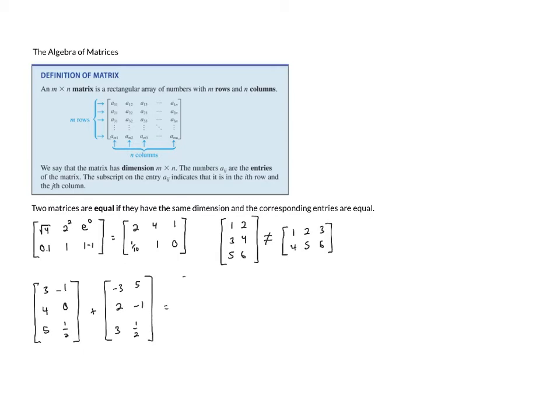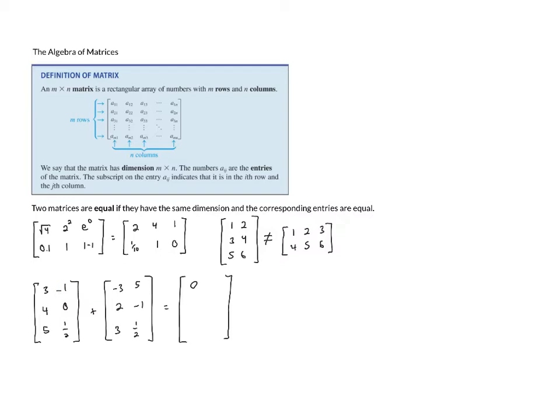When we're adding these 2 by 3 matrices, the result will also be a 2 by 3 matrix, and we get the 6 elements by adding corresponding elements of the other matrices. So we've got 3 plus -3 giving us 0.